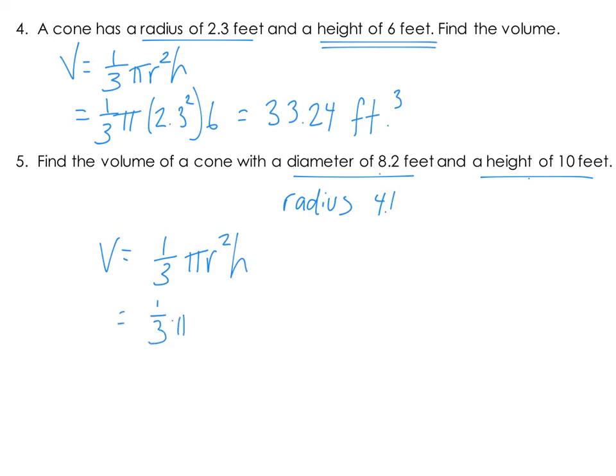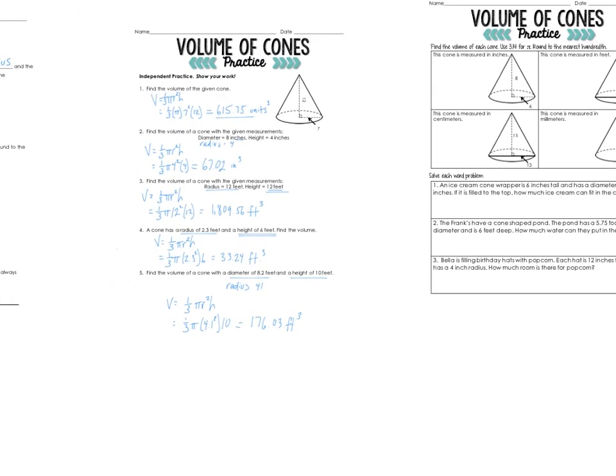So radius, here you go, 4.1 squared. Height, 10. Multiply all that out, 176.03. And again, we're in cubic feet. Okay. So there you go.